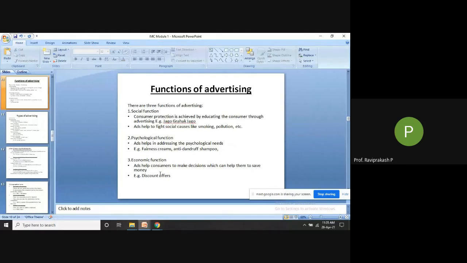Okay, social, we just saw non-commercial ads like quit smoking, avoid pollution. Like you could see in some of the petrol ads, they say switch off your vehicle when you are waiting at the signal for it to turn green, so that you are saving so much.